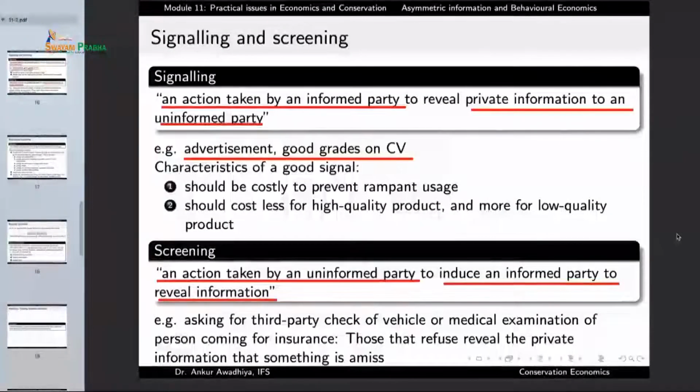such as asking for a third party check of a vehicle. If somebody goes to a used vehicle market, finds a vehicle that he likes, and then asks to go for a third party checking of this vehicle, and the salesman says, no, no, no, sir, you do not require a third party check, don't you trust me, or things like that, then it gives out information that there is something wrong with this vehicle, because of which the salesman does not want to go for a third party check.